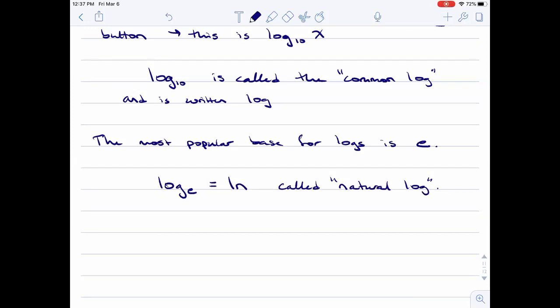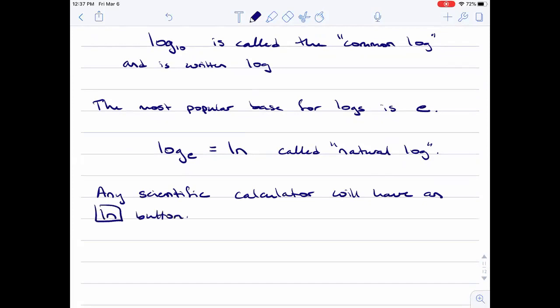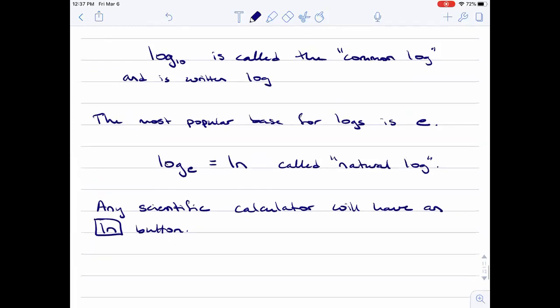Any scientific calculator will have an ln button. So at the very least, if you can't specify the base on your calculator, you should have a log button and an ln button, log base 10 and log base e.